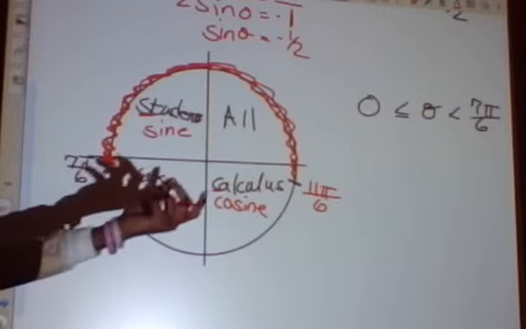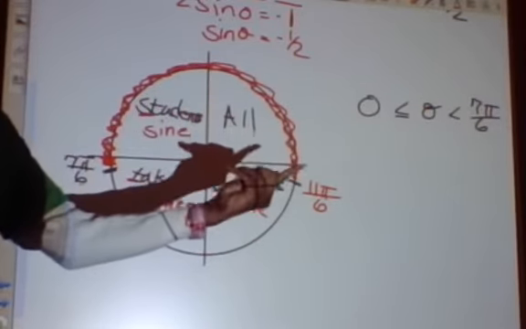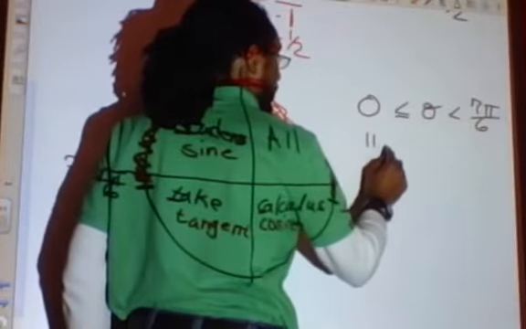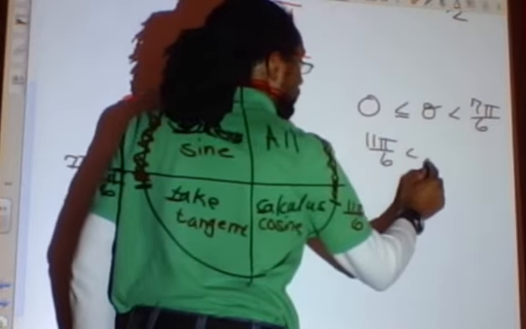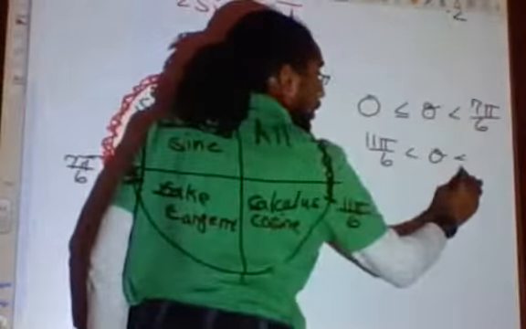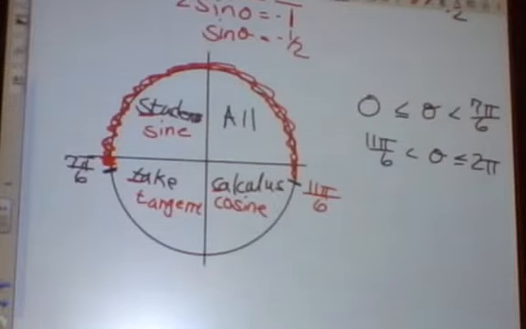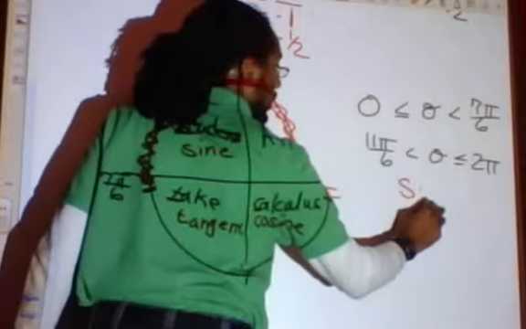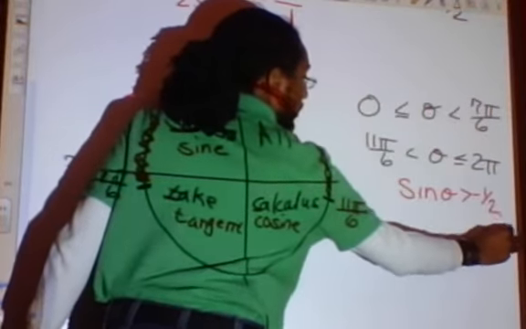Theta is going to be between 0 equaling 0 and 7 pi over 6, but not equaling that. But then also we would say it's going to be 11 pi over 6, not equaling that, because at 11 pi over 6 it is negative 1/2, all the way to 2 pi. So those will be our intervals of what we're looking for, where sine theta would be greater than negative 1/2.